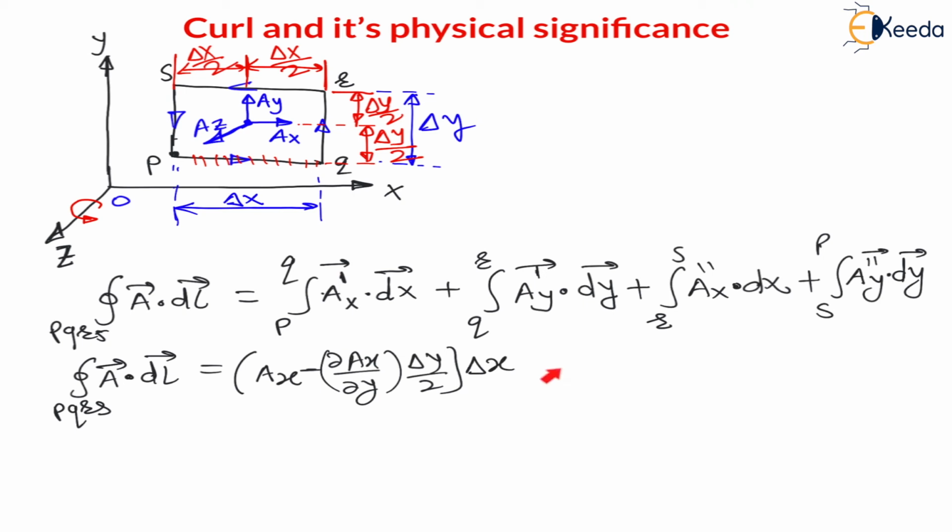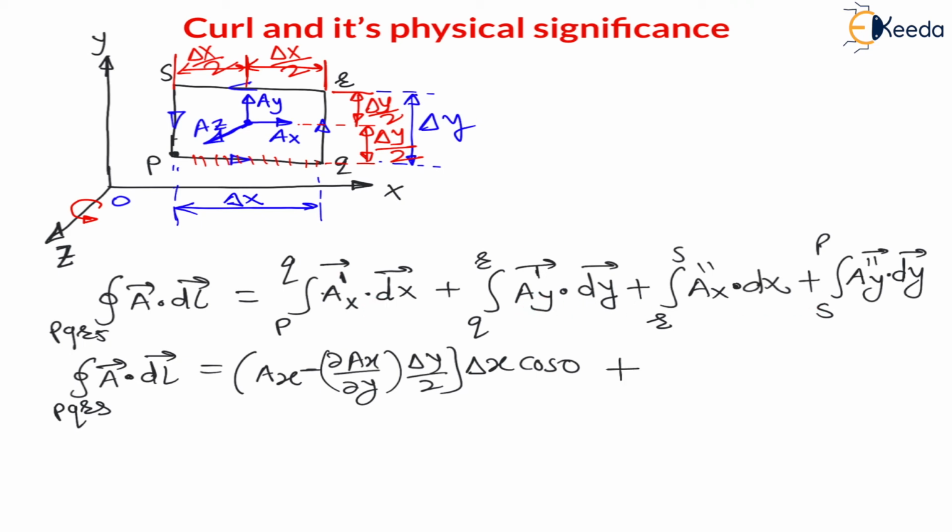And into cos theta, the angle between them, theta is 0, so cos theta is cos 0. We have seen this dot product is written as A dx cos theta, right? And here theta is 0 degree. Similarly, write for all the terms.